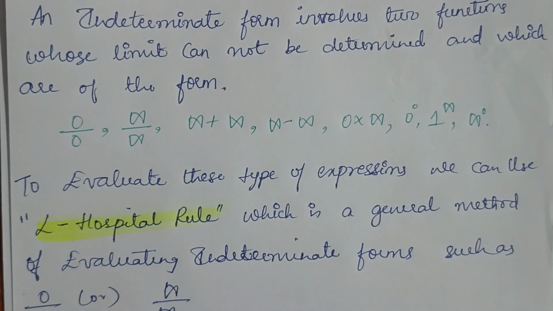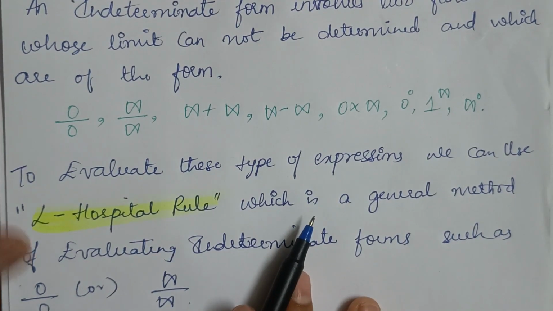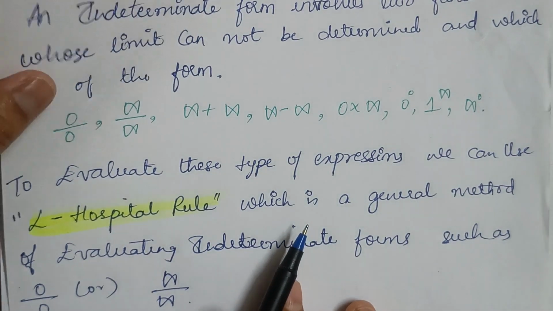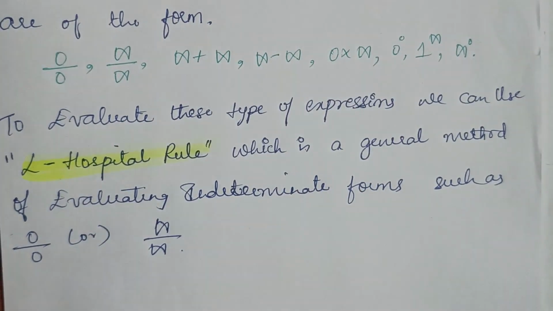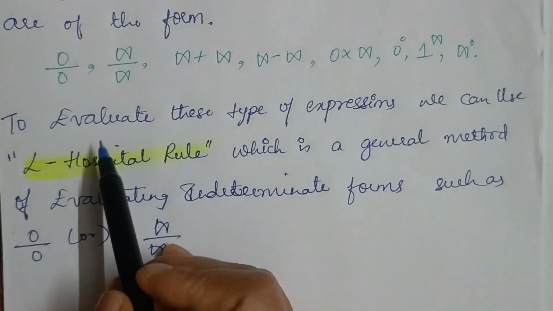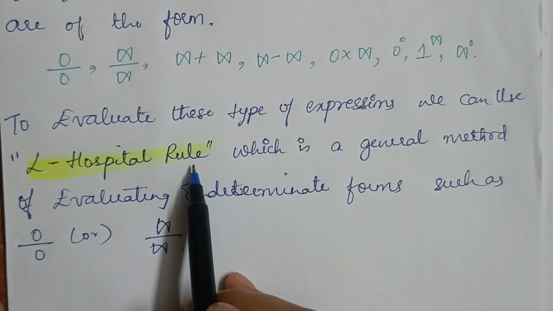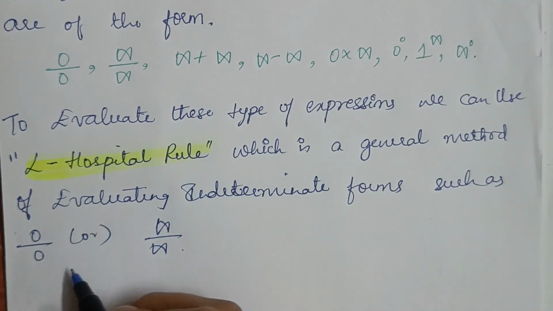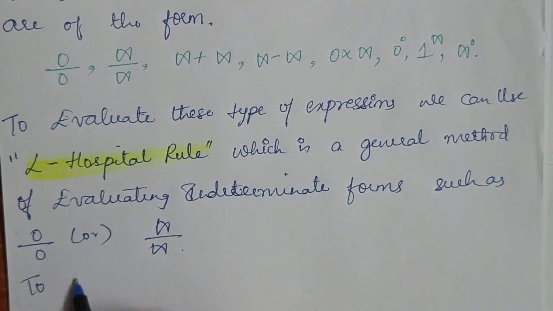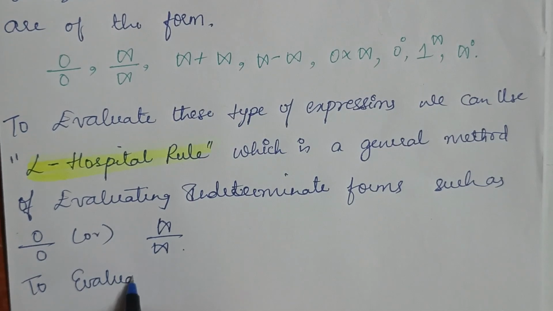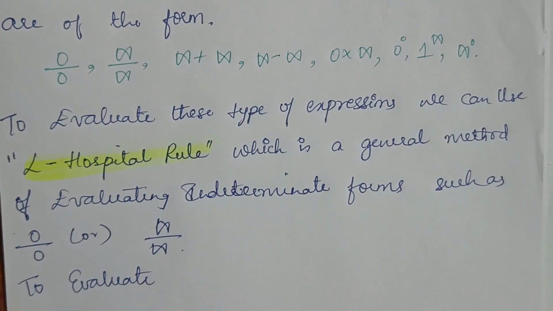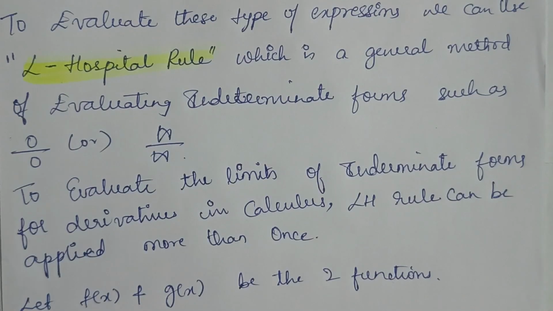It's a method to evaluate indeterminate forms such as 0 by 0, infinity by infinity, infinity plus infinity, and so on, okay? I'll just pause the video, write down the sentence, and then start explaining again.